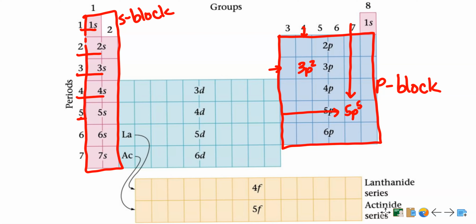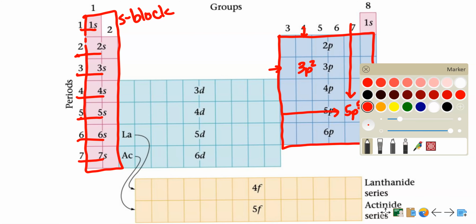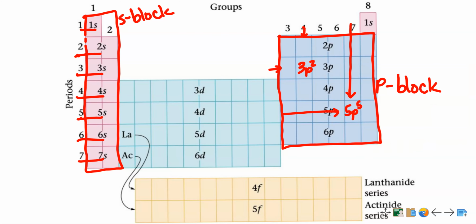These numbers, whatever period it's in, is the number that goes in front of s. And the same is true for p's. I'm going to pick another color real quick, so bear with me. I've got 2s, 2p, 3s, 3p, period 4, period 4, period 5, period 5, etc.